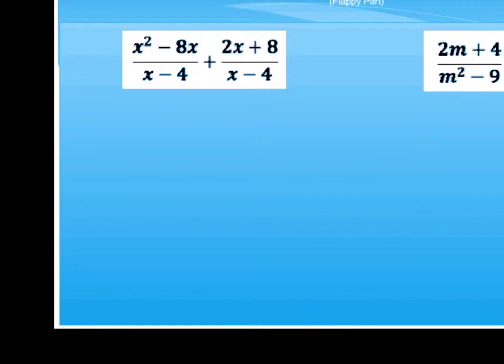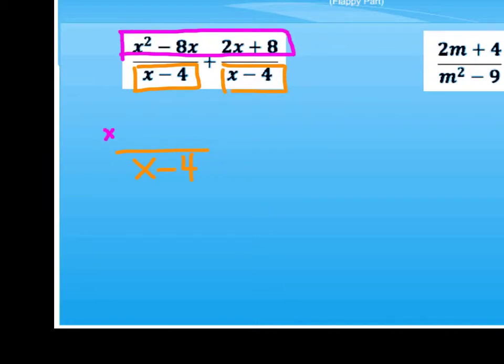We have a common denominator here of x minus 4. So what we can do is simply write x minus 4 down below. After that, we need to pay attention to everything up top. We have x squared minus 8x plus 2x plus 8.